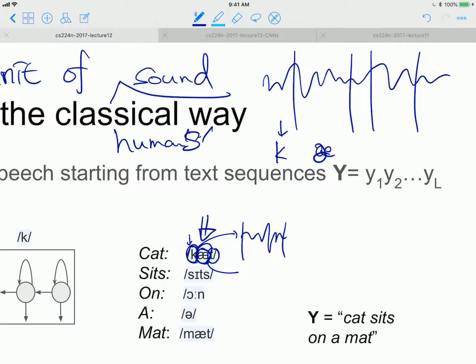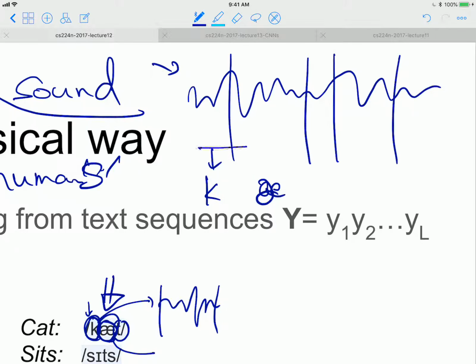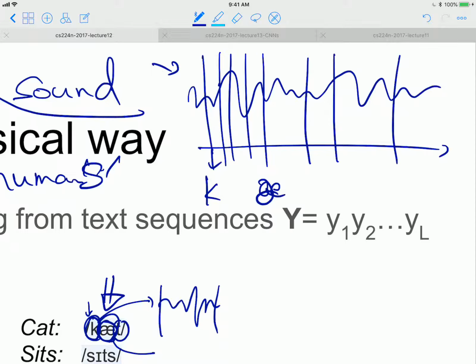Okay, but usually we make the signal into discrete time units. So we don't directly handle this continuous time domain signal, but we chop it into equal lengths, maybe t being 20 millisecond or 40 millisecond and so on.